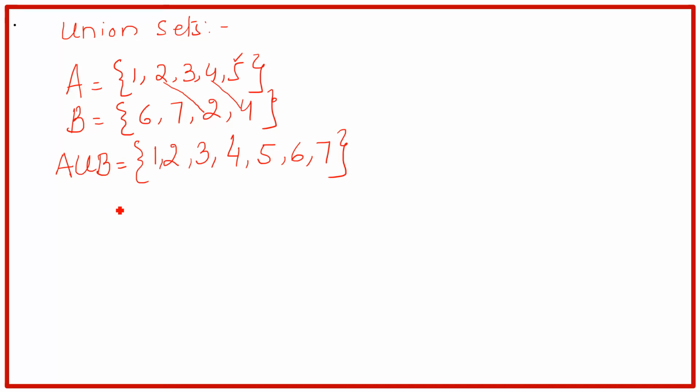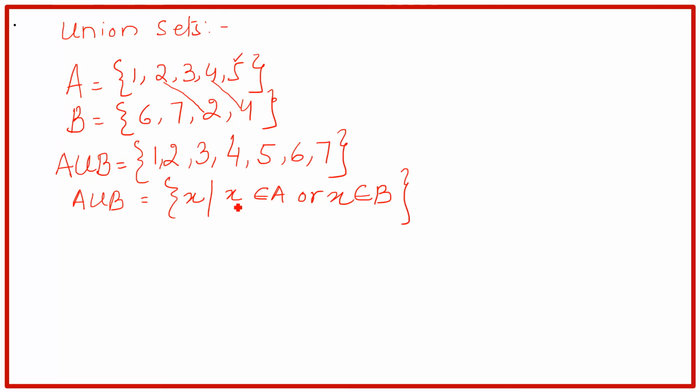And in set builder notation, we write A union B equal to, right? We will write X such that X belongs to A or X belongs to B. This is the set builder notation.